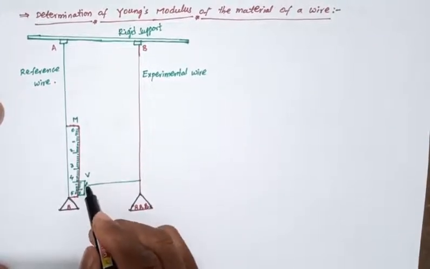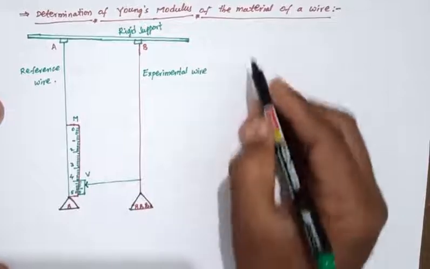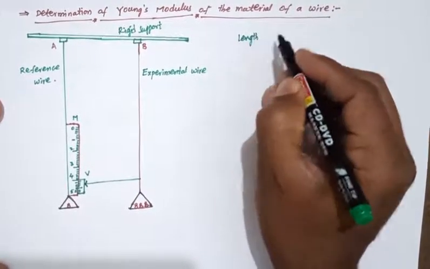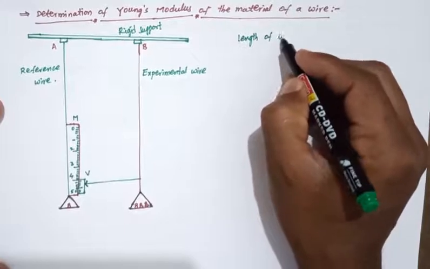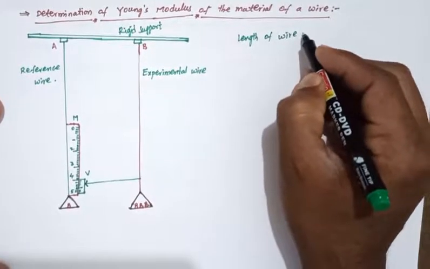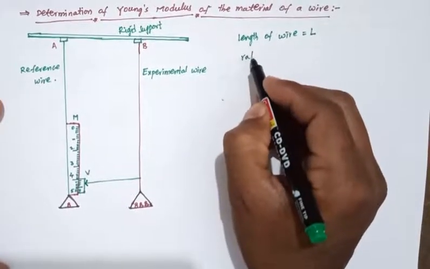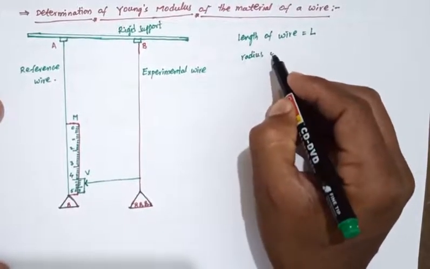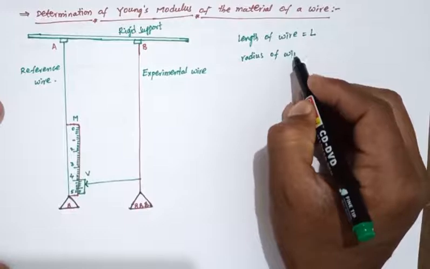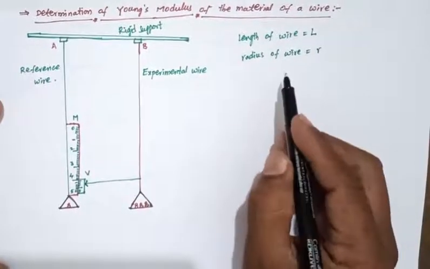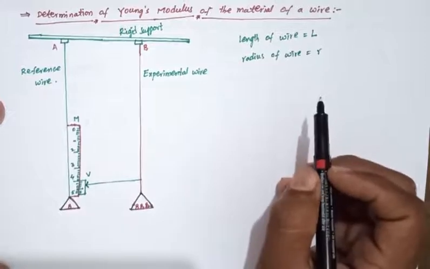First we find out the length of the wire, L, and the radius of the experimental wire, R. We can find the radius using a screw gauge.